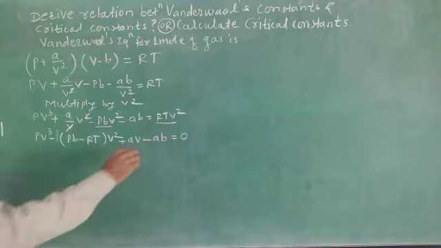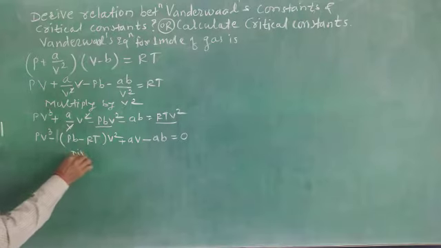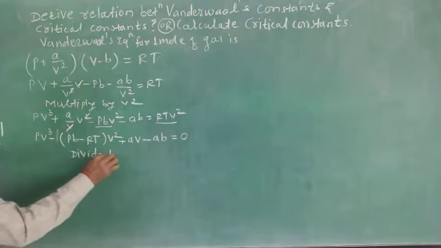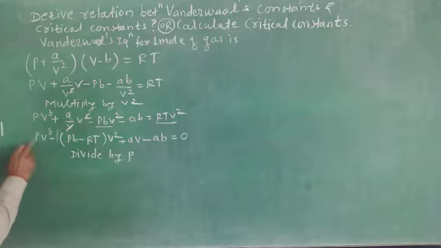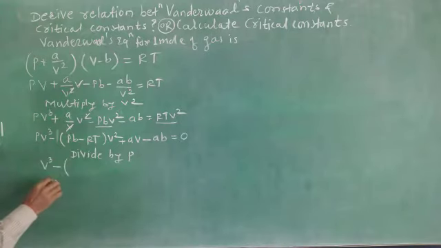Now divide throughout by P. P into V cube upon P will be V cube only, P gets cancelled. Now minus remains as it is.